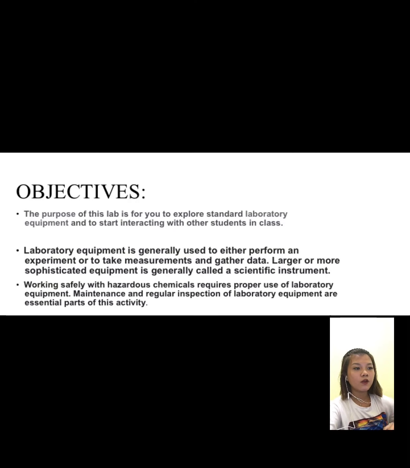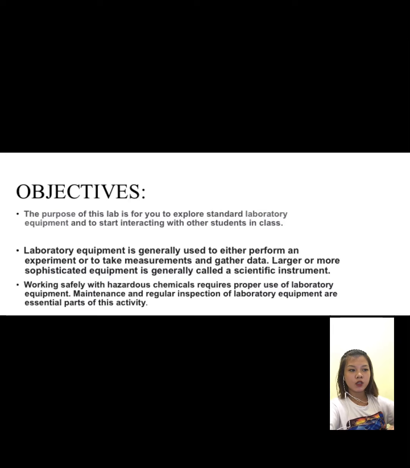Objectives. The purpose of this lab is for you to explore standard laboratory equipment and to start interacting with other students in class. Second, laboratory equipment is generally used to either perform an experiment or take measurements and gather data.